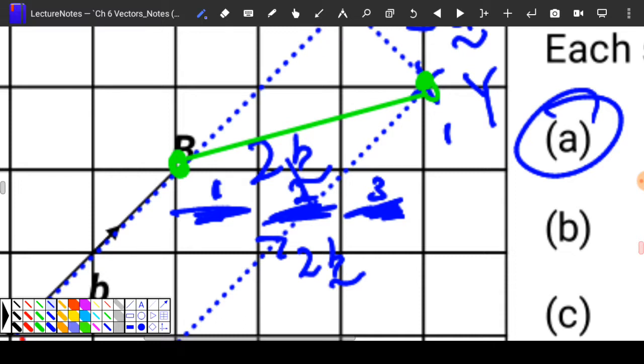Agree? Now, if I divide by 3, do you agree that this is 1 part, this is 1 part, this is 1 part? So if I want 1/3 of it, what I'm doing is I'm trying to move 1 step to my right.